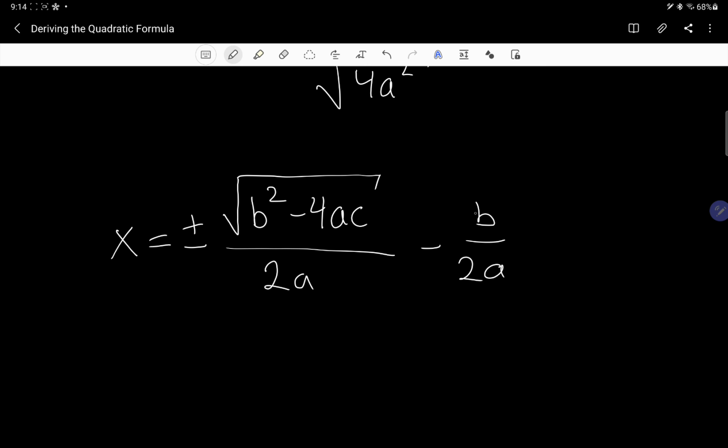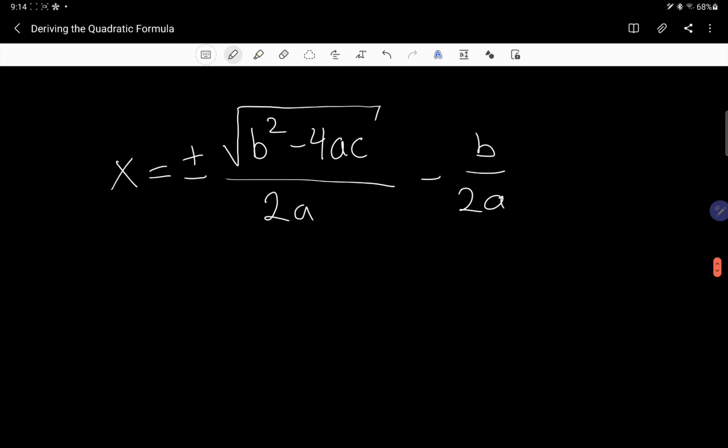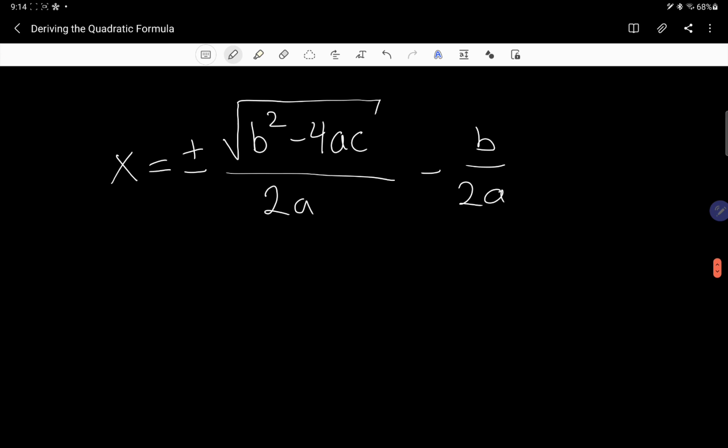So I'm going to do that, but I'm going to put the negative b actually in the front, because then it will start to look like the quadratic formula. Or it will be the quadratic formula.